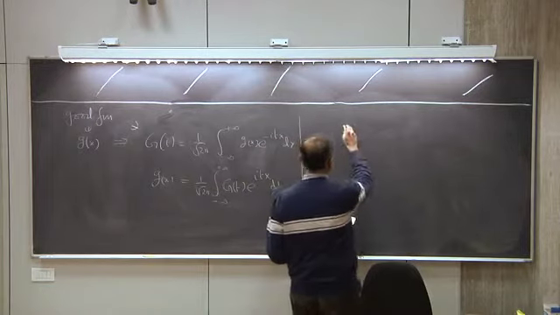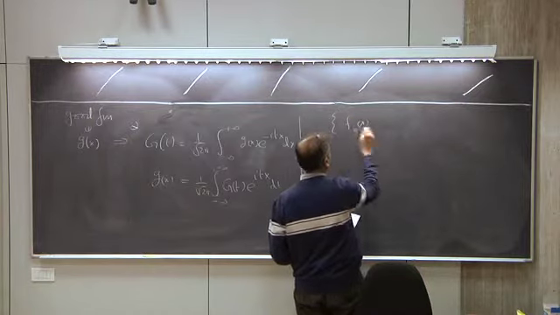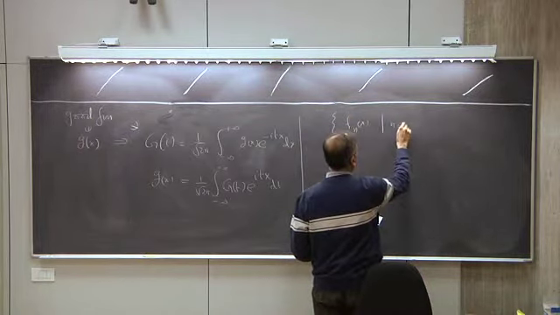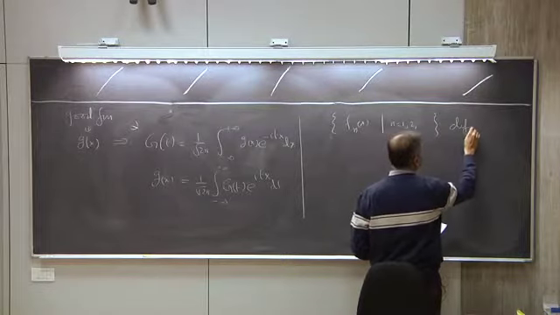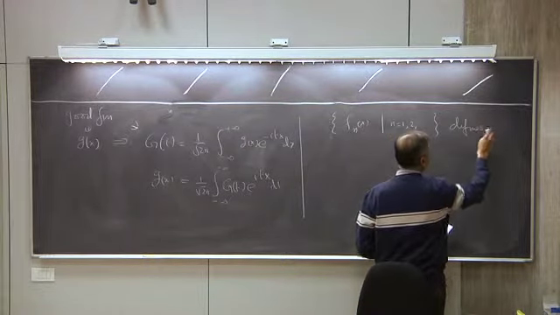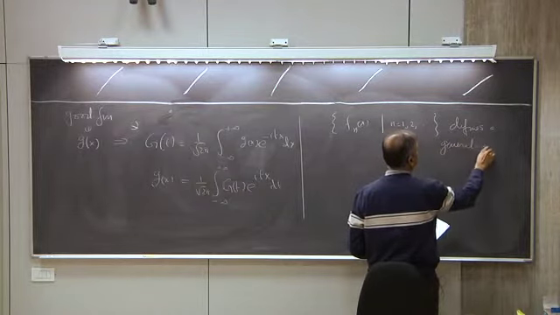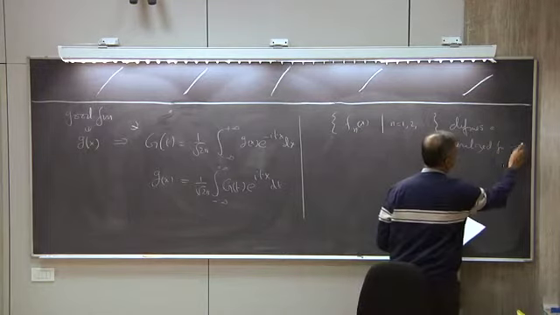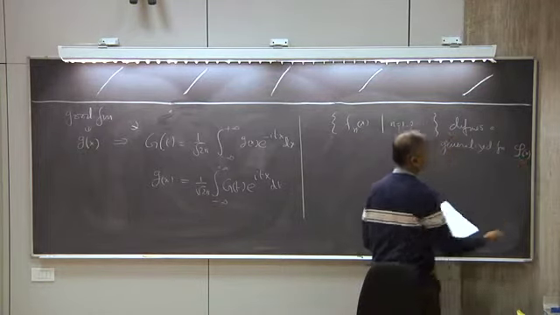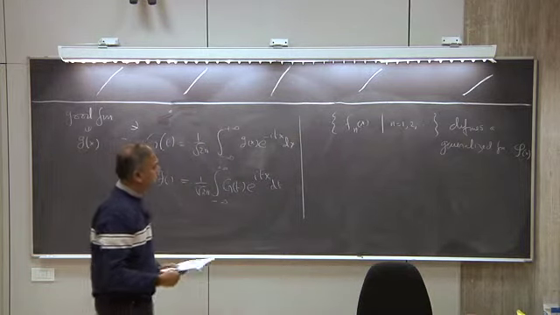So let's suppose there is a sequence of functions f_n(x), n equal to 1, 2, and so on, which defines a generalized function. We will denote the generalized function by a Greek letter, phi(x).